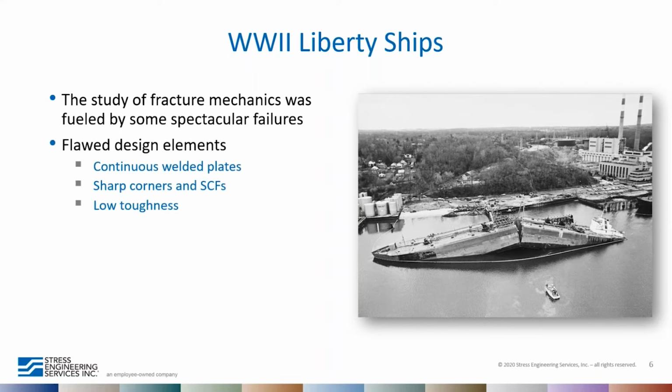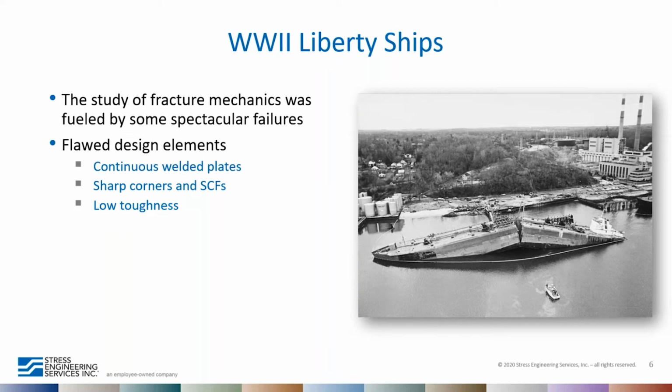A closer look at the design, they realized that there were some flawed design elements. So first of all, the welds, instead of being riveted, they were welded together, so you had a continuous plate. And so a crack originating in one plate could run all the way across into multiple places, and in some cases, across the entire hull. There were manholes and portholes that had sharp corners, which represented stress concentration factors.